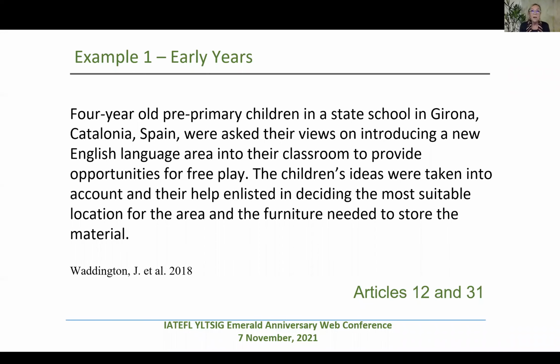Article 12 gives children the right to give their opinion and for adults to listen and to take it seriously. This example foregrounds children's voices and identifies their views and preferences. And Article 31 gives children the right to play and rest.